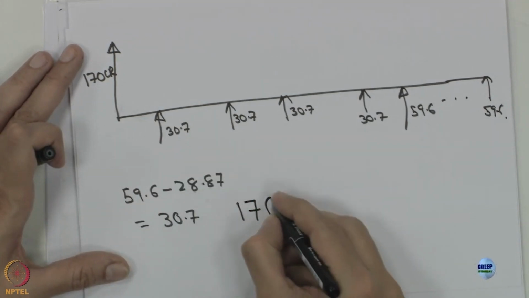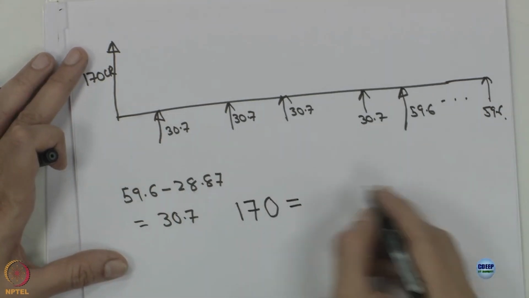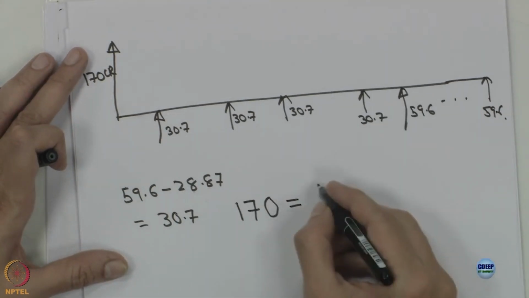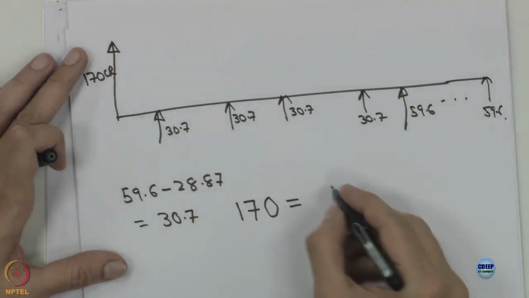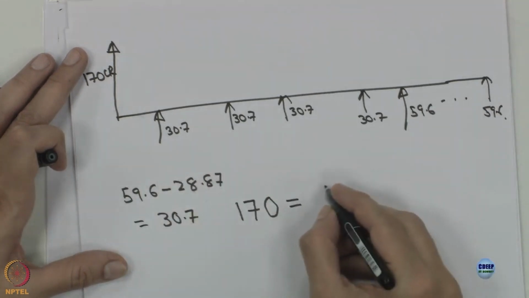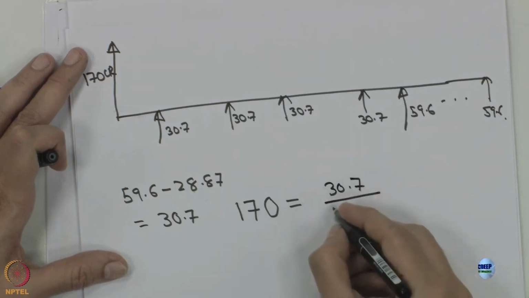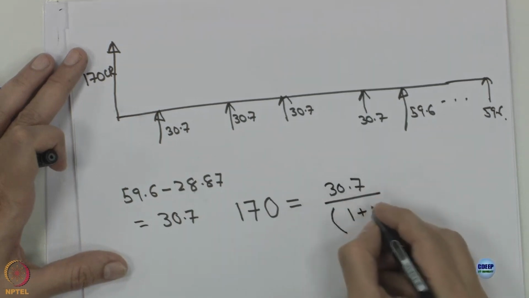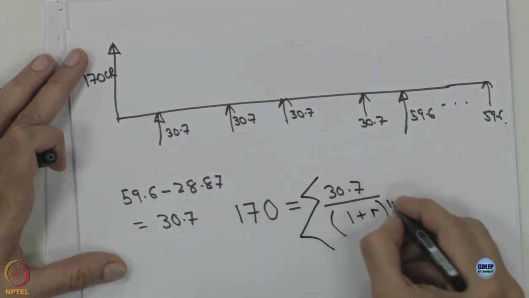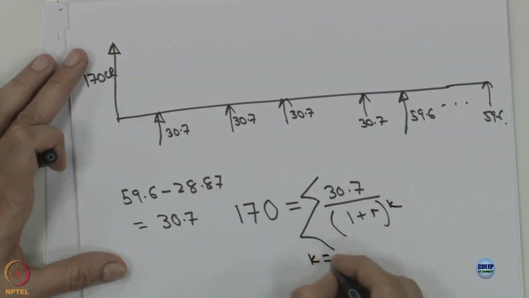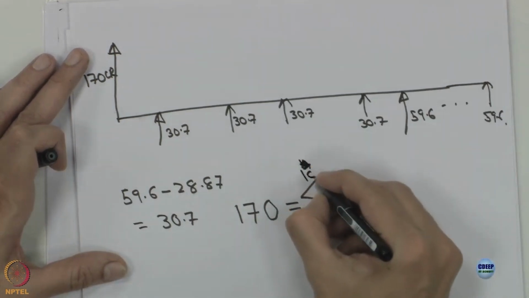So when we write the internal rate of return on the equity, we are trying to balance it and get the rate of return where 170 is equal to the sum of 30.7 divided by 1 plus r raised to k, k equal to 1 to 10.